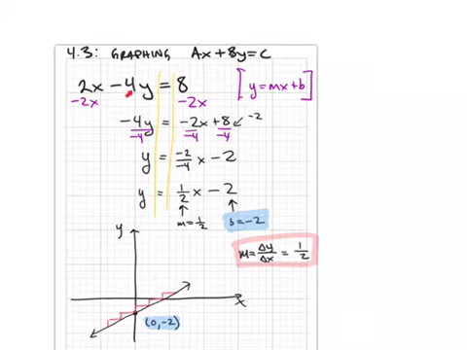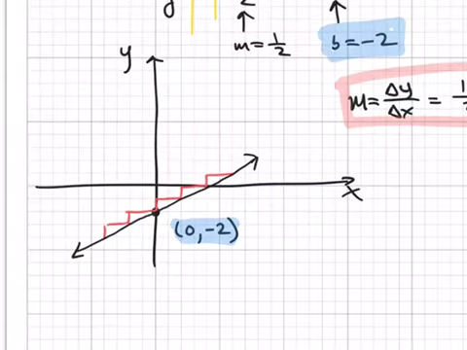So I got the original equation in a form that I didn't quite understand, okay? I manipulated that form and changed it into a slope-intercept equation, which I know absolutely everything about. That made it really easy to graph that line. And now that I've graphed that line, I just want to make a quick little point.